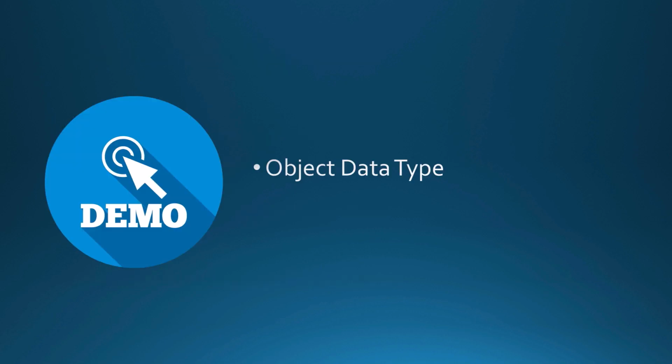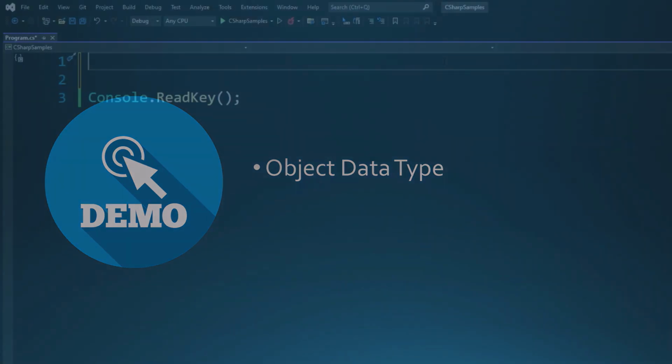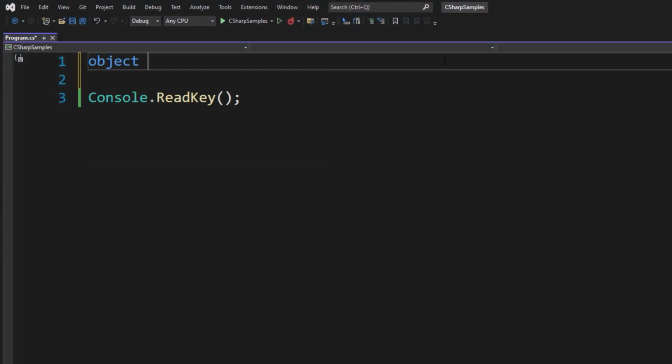Limit your usage of this data type. So let's take a look at an object data type and how it can change values from one to the other. So I'll type in object and then value. Now also notice the color coding that's going on here in Visual Studio. It tends to make things that are special in different colors. Kind of nice and very good for readability.